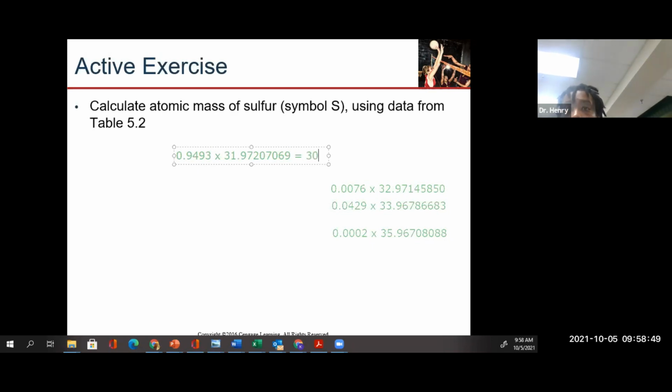It's going to be 30.35. Okay, so our next one.